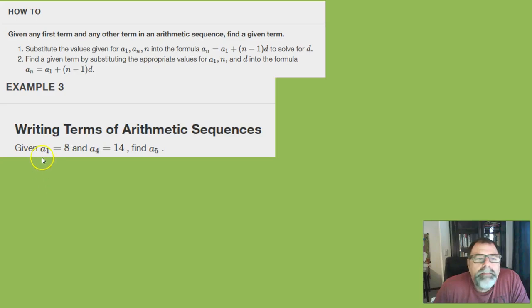So we know a sub 1 is 8, a sub 4 is 14. Okay, we're plugging it into the general formula.